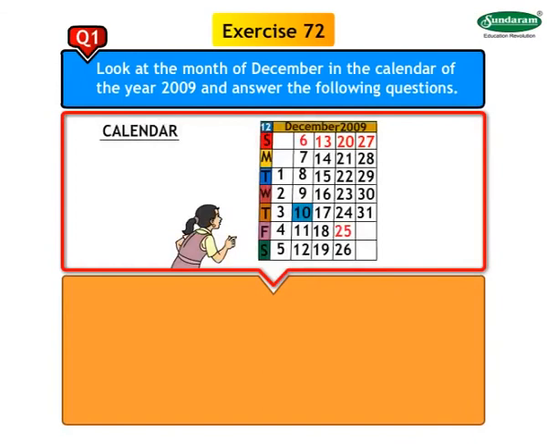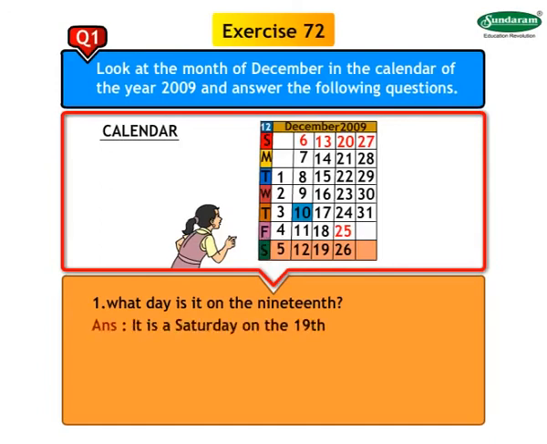See the calendar shown on the screen. 1. What day is it on the 19th? As we can see from the calendar, the number 19 is written in the last row in the column which shows S for Saturday.